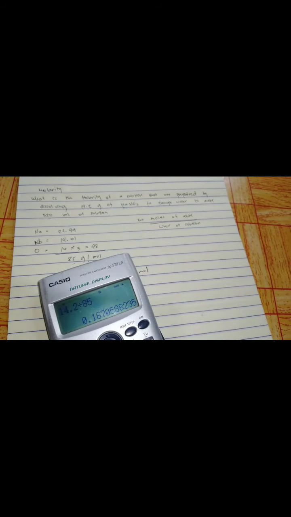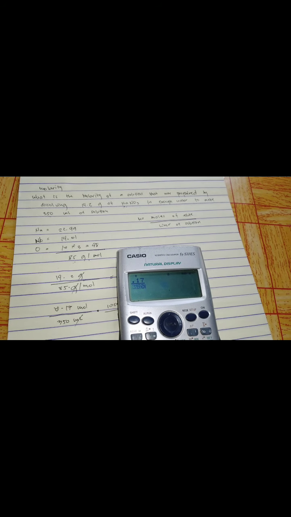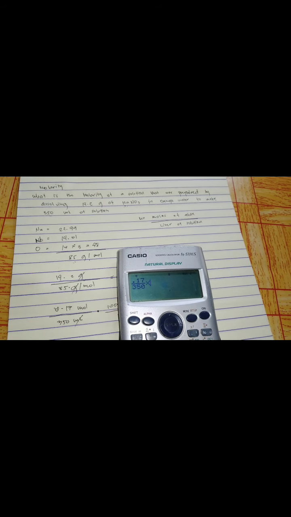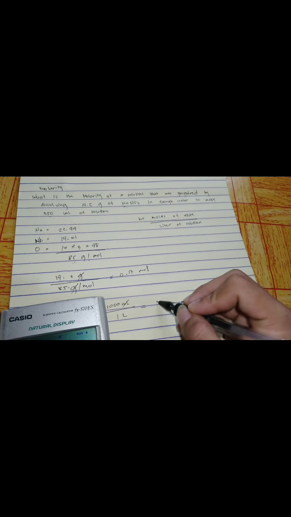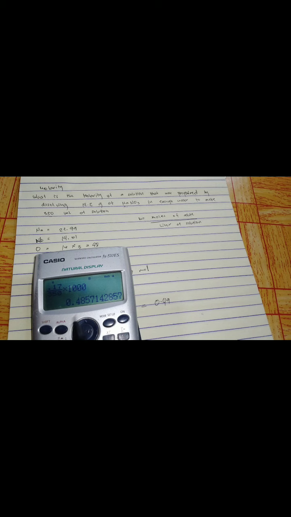So ato na din siyang i-calculate. 0.17 over 350 ml multiply 1,000 is equal to 0.49. So ato na siyang gi-convert.